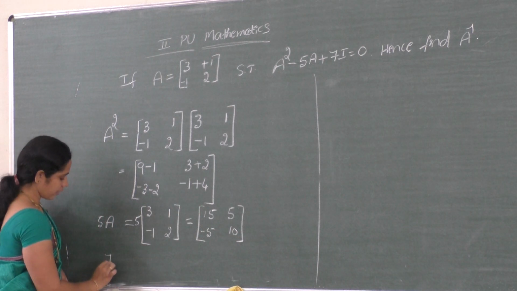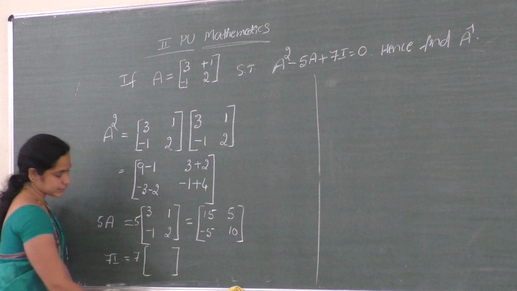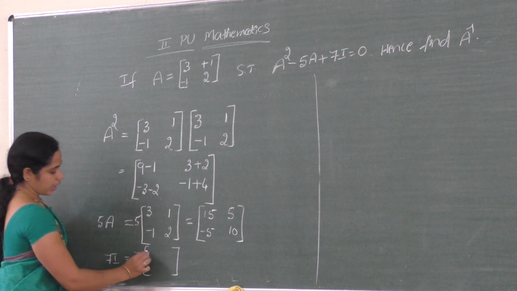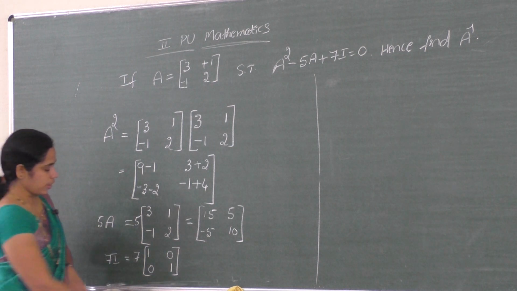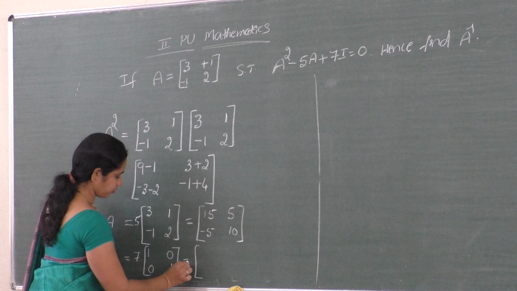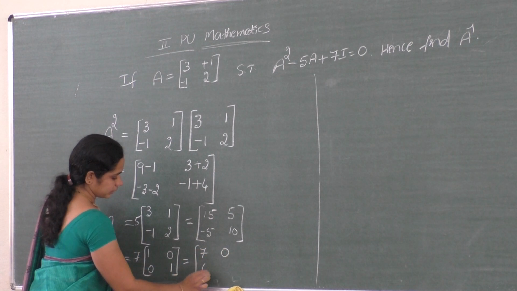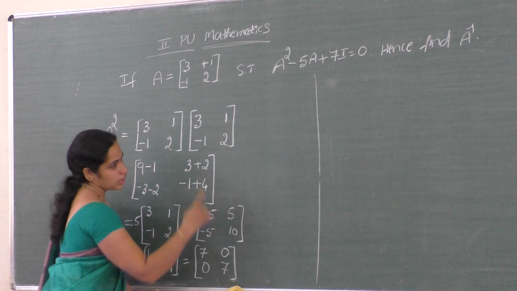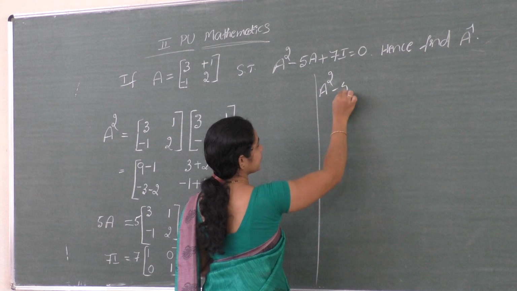Next one is 7I. 7I equal to 7 into I. I is [1, 0; 0, 1]. This is equal to [7, 0; 0, 7]. Here, let us apply to LHS.